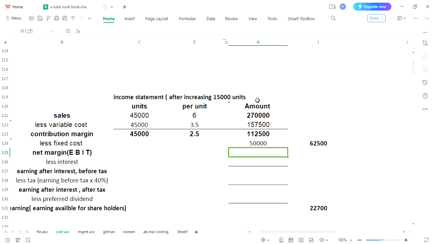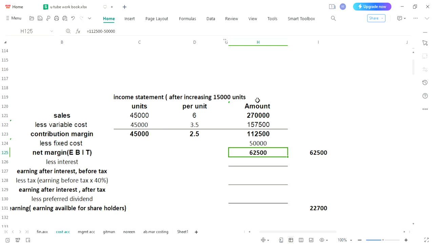And now we need to calculate our EBIT. This was predicted EBIT and our answer should be equal to this because we haven't made our income statement. This was predicted through percentage of degree of operating leverage. So now 112,500 subtract 50,000. So we have got the same answer. This is a remarkable way to predict EBIT without making an income statement.